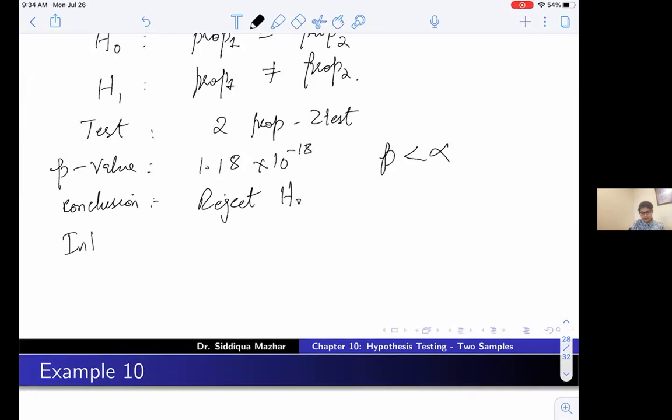So in interpretation, what I'm going to write down is that the proportion of boomers who were veterans is not equal to the proportion of millennials who were veterans.